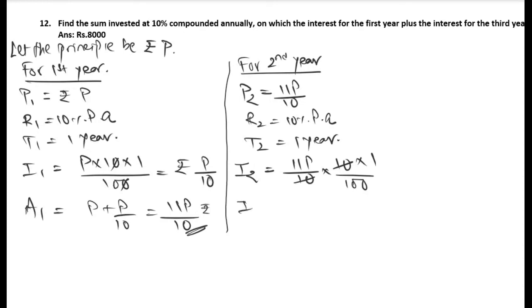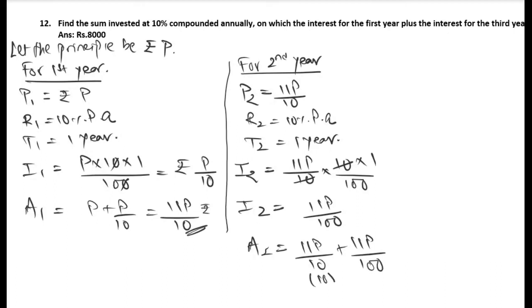So I2 will be 11P by 100. Can you tell me what is A2? A2 will be 11P by 10 plus 11P by 100. What is the LCM over here? 100. Right?